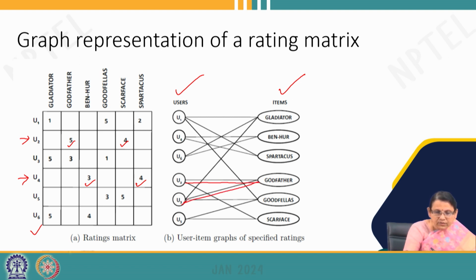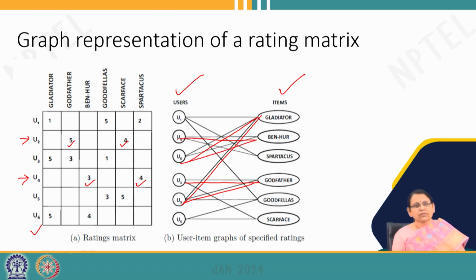This one is connected to U6, connected to this, which is connected to U4. So, there is at least a path starting from U2 and connecting to U4. Maybe this path is very long and you can give very little importance, but at least you have some way to fill up this matrix.